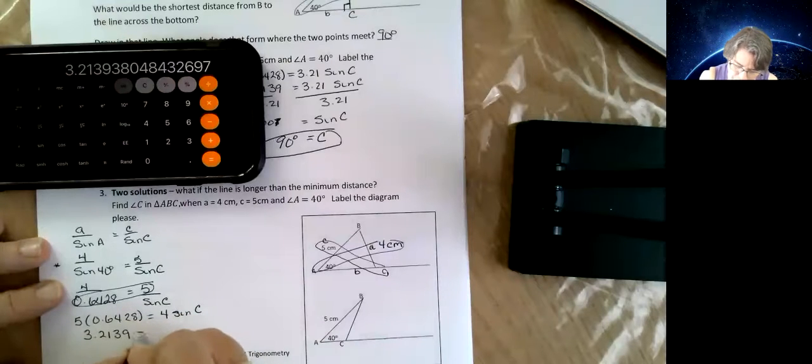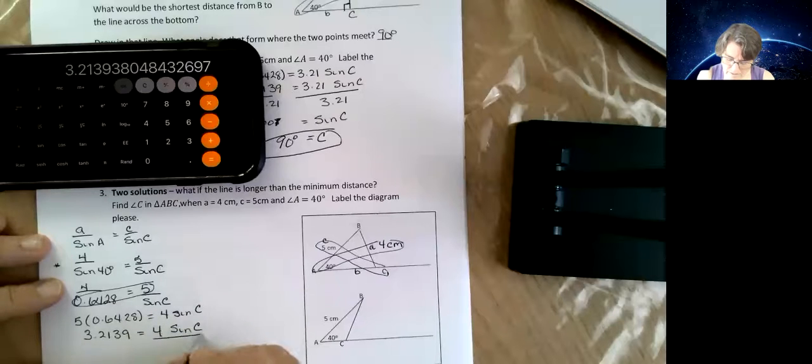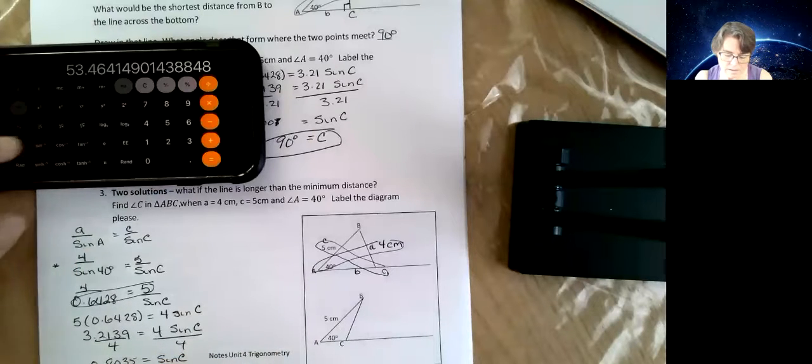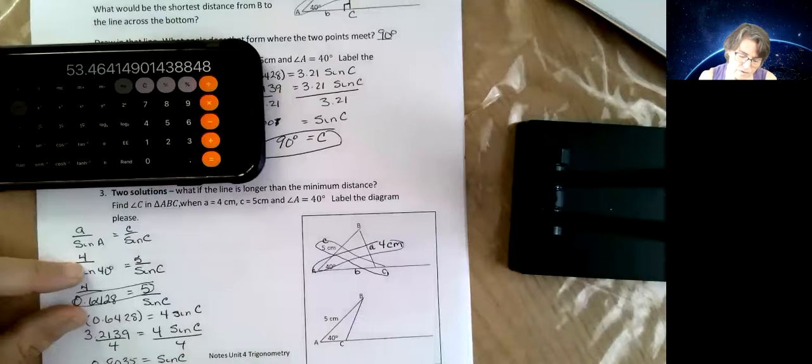Times 5 is 3.21. 4 sine C. Then 0.8035, and then go second sine, and we get 53.4, so 53 degrees.